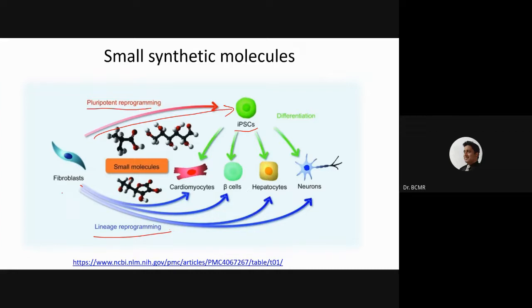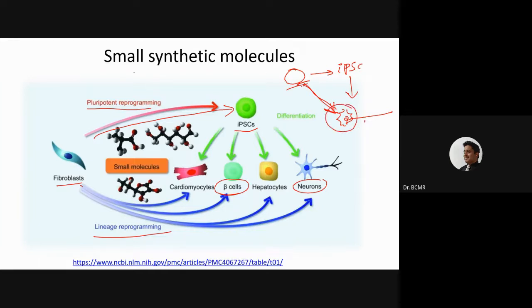That means directly from one cell type we want to get beta cells from pancreas, or maybe we want to get neurons directly. We are always talking about somatic cells giving rise to induced pluripotent stem cells and then deriving a cell type and so on, isn't it? What if we can do it like this? That is where transdifferentiation comes in. That means one lineage of cell is being differentiated into another lineage of cell.